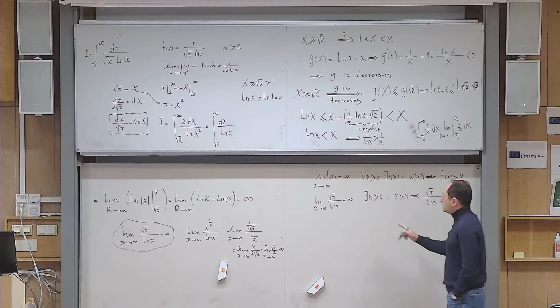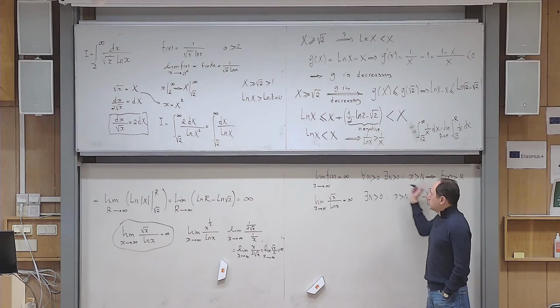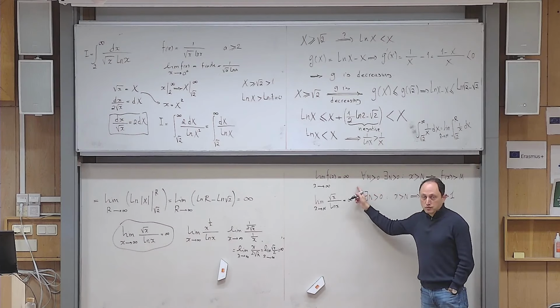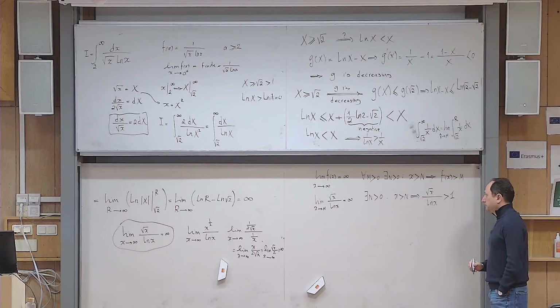I have chosen m to be 1 because if the limit is infinity, this statement should be true no matter what you choose for the positive m. Here I decided to choose 1 for it.